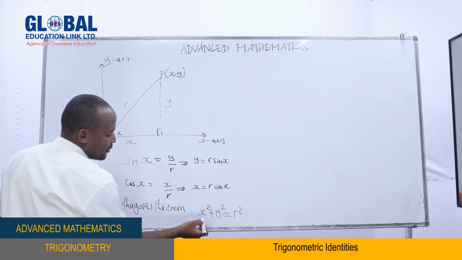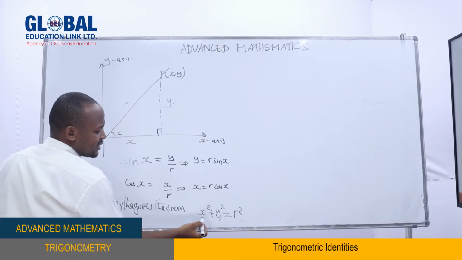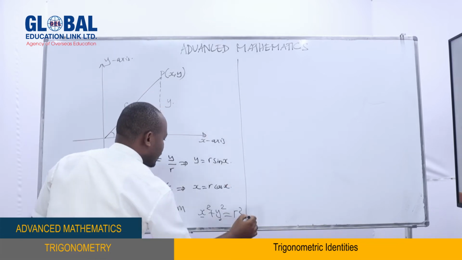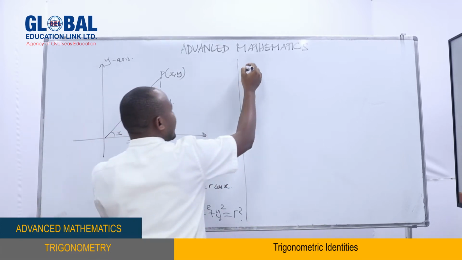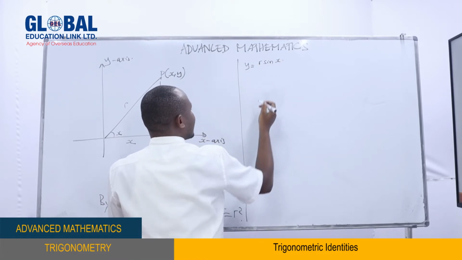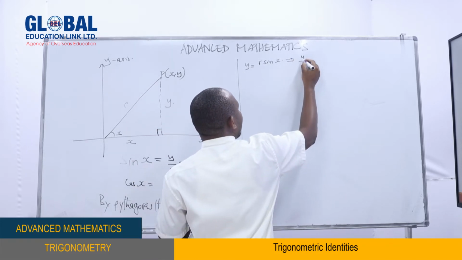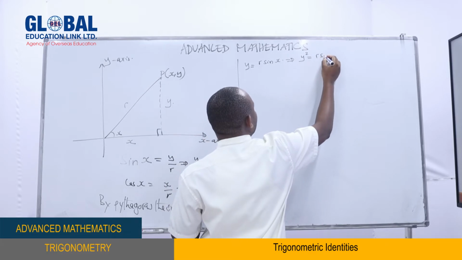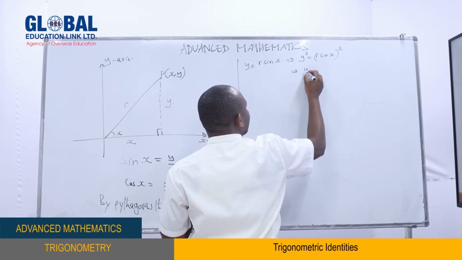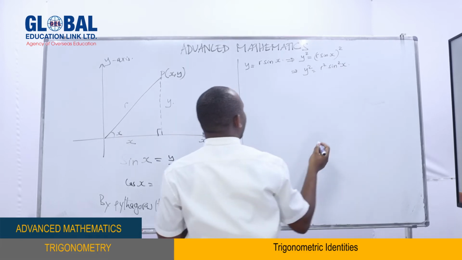Now let's find the value of x square and y square, and then we'll see what happens. From y equals r sine x, squaring both sides, we have y square equals r sine x all squared, that is, y square equals r square sine square of x.